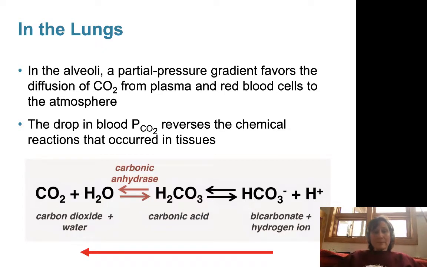When that happens, that's going to increase the drop in blood partial pressure of carbon dioxide, and that's going to cause a reversal in the chemical reaction that occurred in the tissues. So then you'll have bicarbonate ions that are transformed back into carbon dioxide and water, right? And that's how it's going to get released through your lungs and out your mouth. It's an amazing process, right? This is killer how this works in the body.